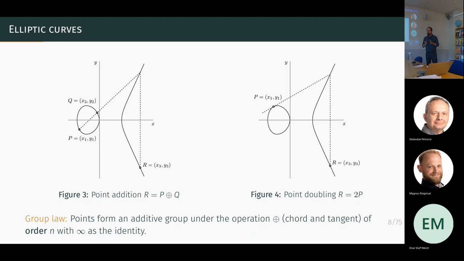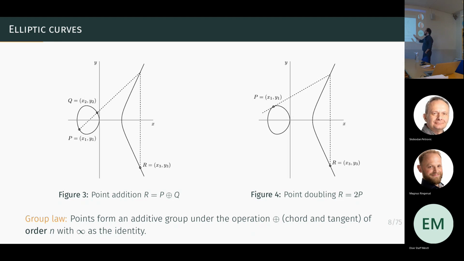But one thing that's missing so far is there's no identity element, right? What would be a proper choice of identity element here? And you can define it with some geometric intuition by using the point at infinity. How do you define it? If you want to add a point and its negation, so point P is here, the negation of point P would be the reflection across the x-axis.